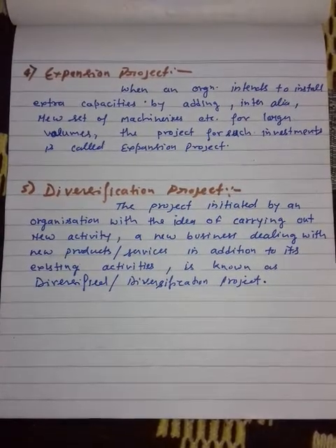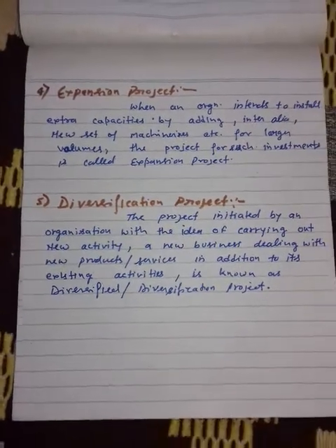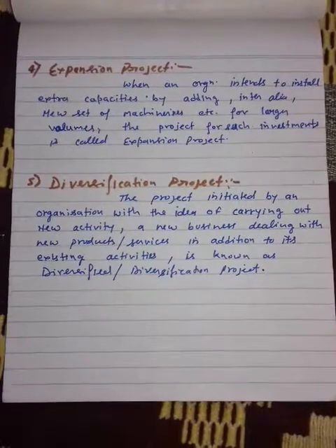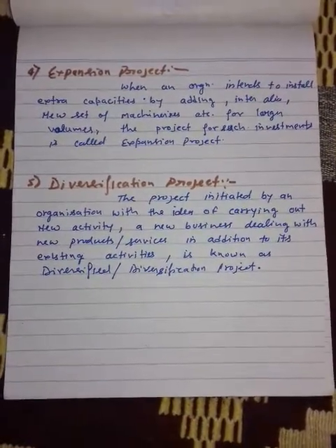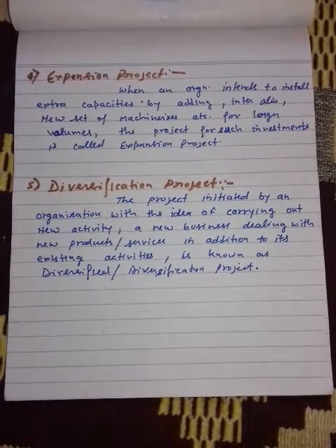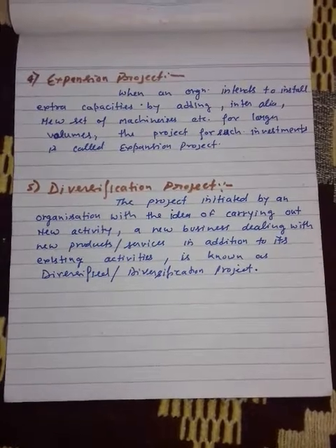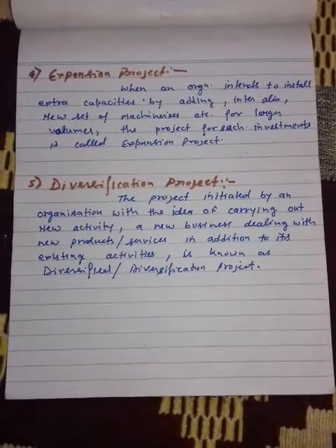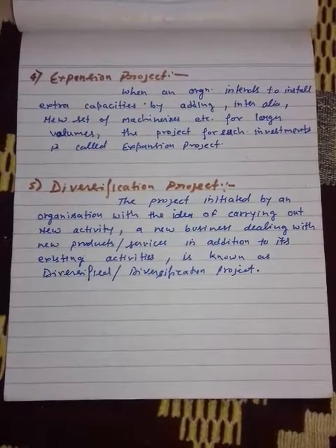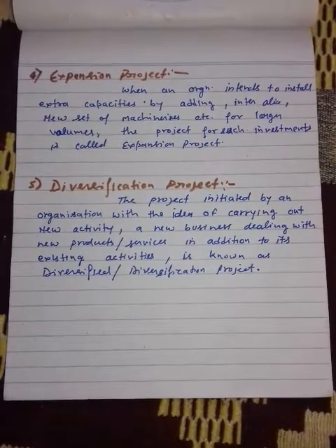So there are different goals and objectives of the organization, and to complete these objectives and goals we need different types of project under BMRED: balancing project, modernization project, replacement project, expansion project and diversification project. So I have just given a brief discussion on BMRED and the different types of project under BMRED. Thank you for watching.